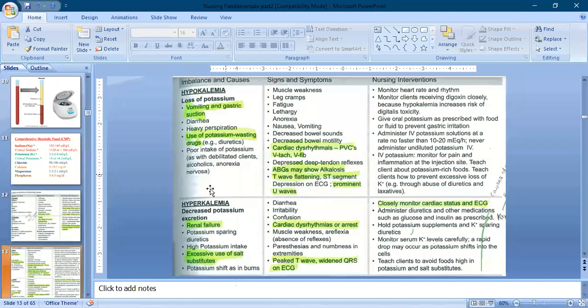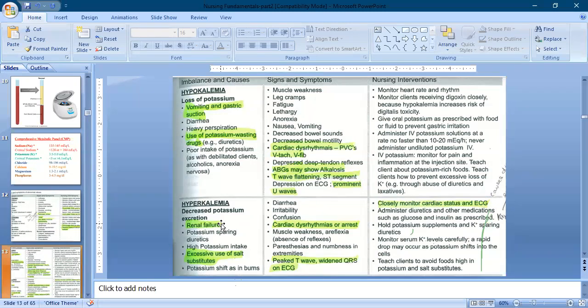Now go to hyperkalemia. Hyperkalemia means an increased level of potassium. What are the causes? One very important cause is uncontrolled diabetes mellitus, called DKA, diabetic ketoacidosis, or metabolic acidosis. Here is metabolic acidosis.